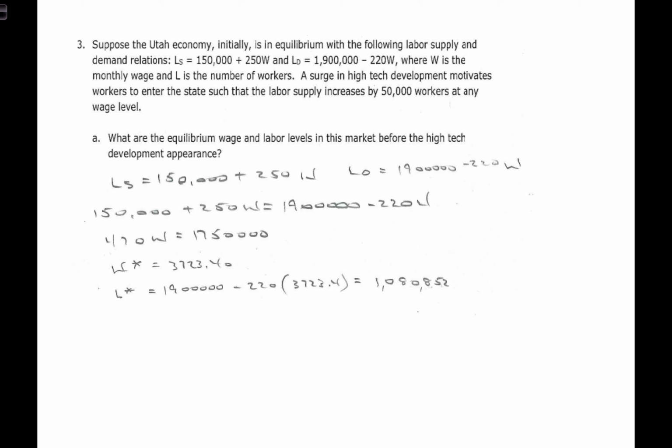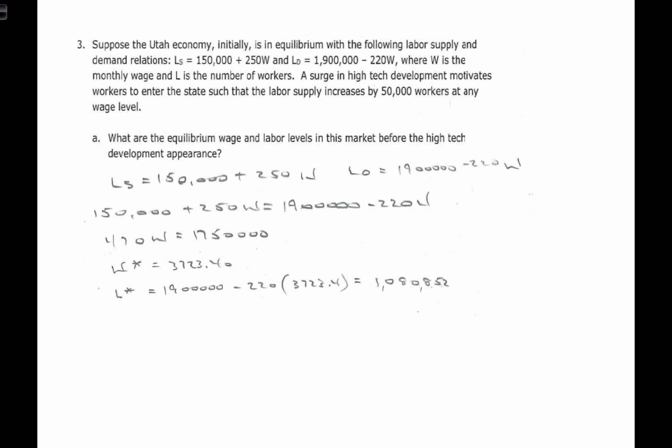Then we can solve for L star by plugging W star back into either the labor supply or labor demand equation. I plug it into the labor demand equation, but it doesn't make any difference; you're going to get the same answer. Substituting the value of W star, I come up with 1,080,852 workers. So they're each making about $3,700 a month, and there's a little over 1 million of them working.